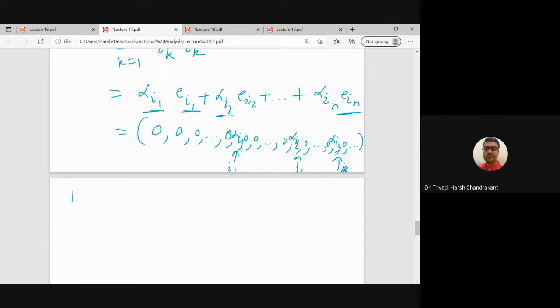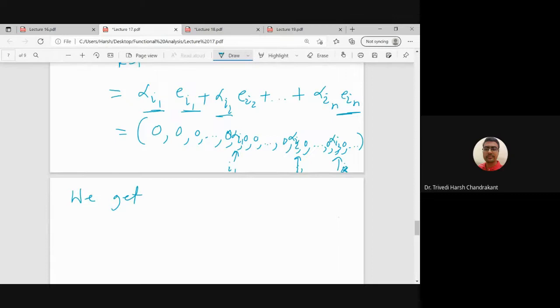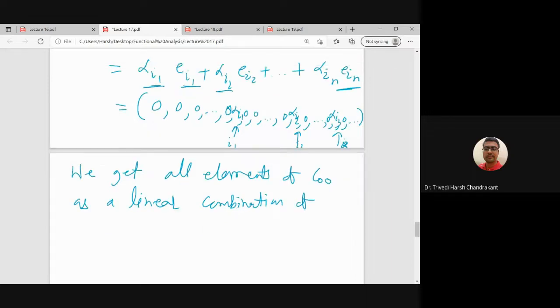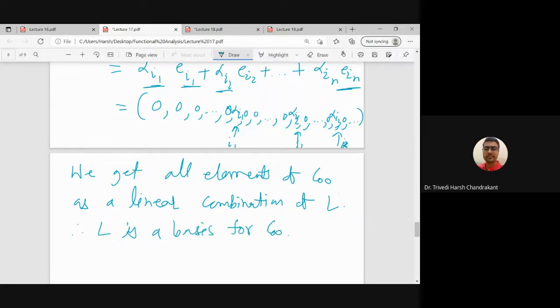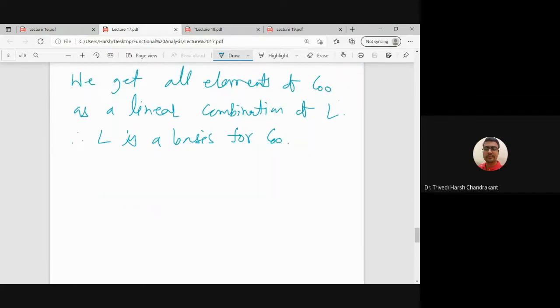So we get all elements of c00 as a linear combination of L. Therefore L is a basis for c00.